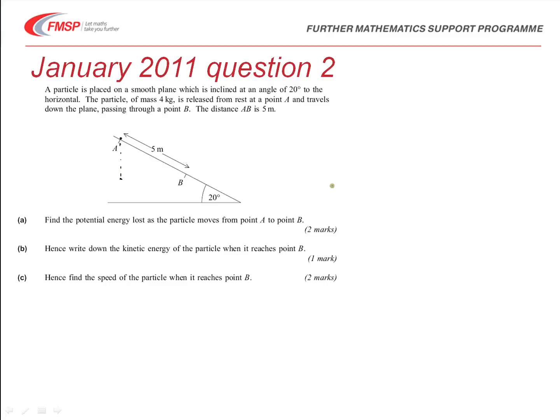So we can then say that the potential energy that will be lost will be equal to mgh, which will be equal to the mass, which is 4, times g times 5 sine 20 degrees.